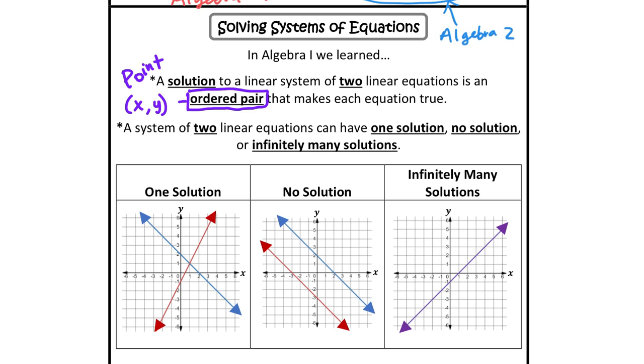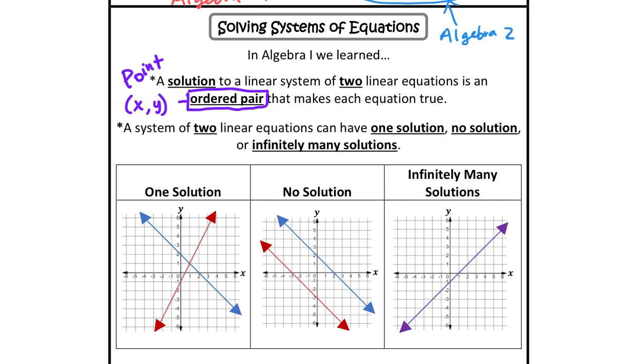Okay. And then a point that makes the equation true. A system of two linear equations can have one solution, no solution, or infinitely many solutions. And these pictures kind of illustrate the different types of situations that can happen.